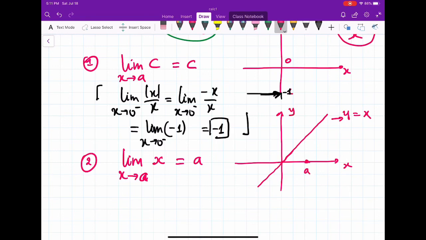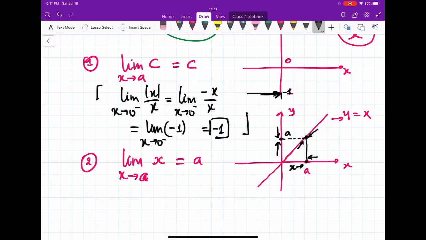You consider the limit at a, and the function is defined at x equal to a. So when x approaches a from the left or from the right, the function value approaches a from the left and from the right. So the limit is equal to a. I just wanted to show you on the graph.